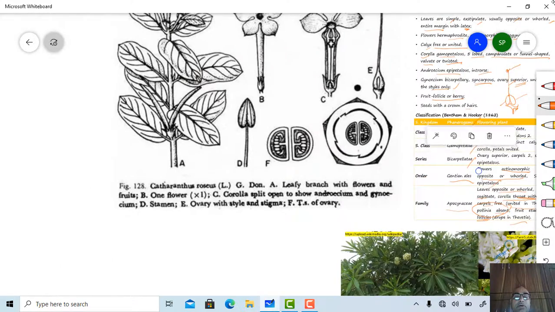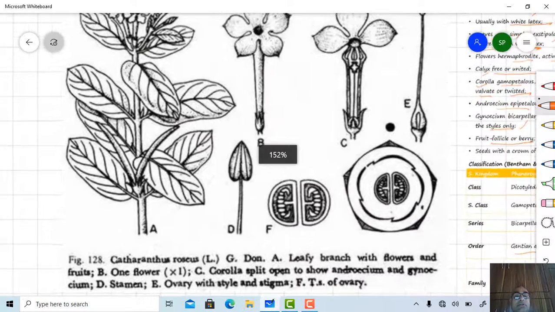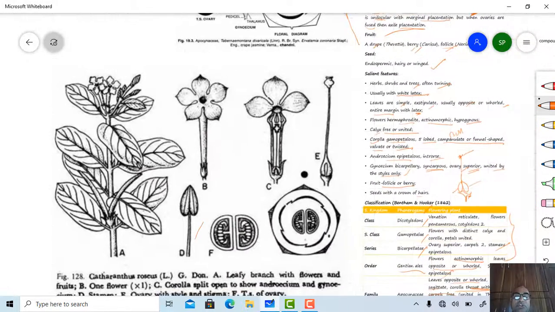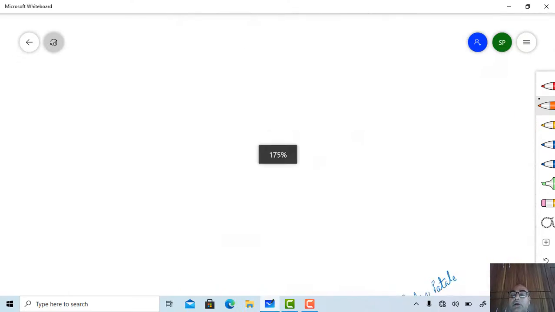Just see Catharanthus roseus: habit, nature of the stamen, T.S. of ovary, flower, V.S. of flower, gynoecium whole, and this one is a floral diagram. This one is Tabernaemontana.